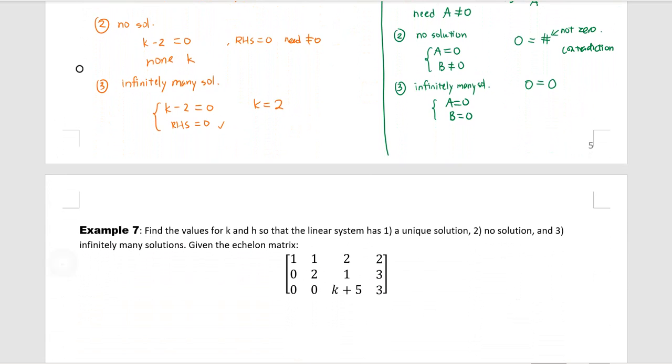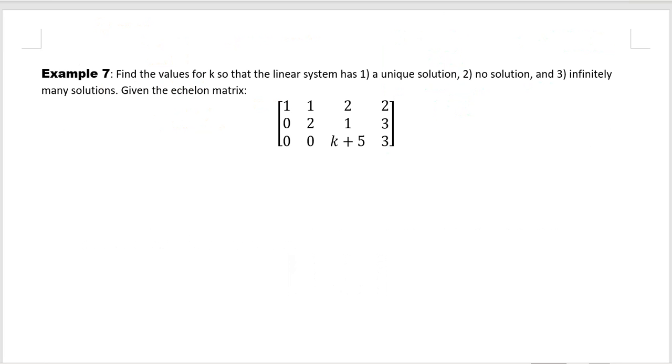Example 7. Find the values for k so that the linear system has a unique solution, no solution, and infinitely many solutions. So here we are given the echelon matrix. So we already have the echelon matrix.